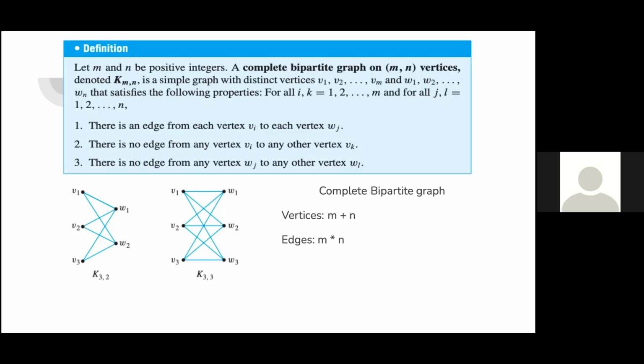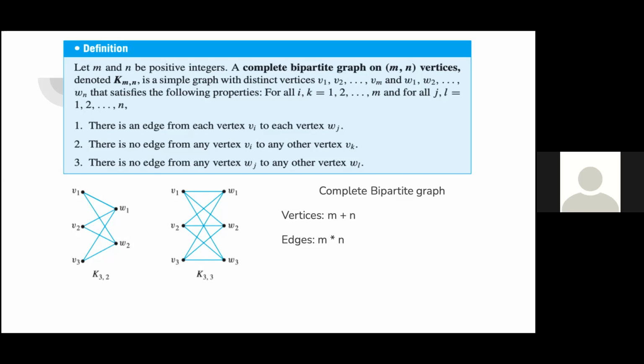Because we need 2 vertices to make an edge, and we have 2 sets, set A and set B. If we want to make an edge between those 2 sets, we have m choices in set A and n choices in set B. So there are m times n edges.